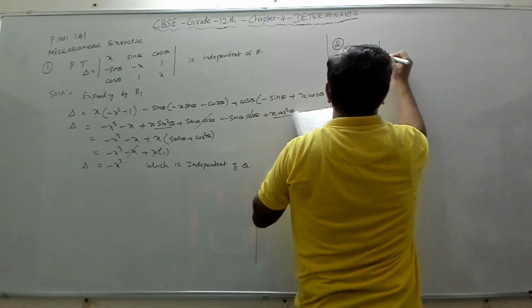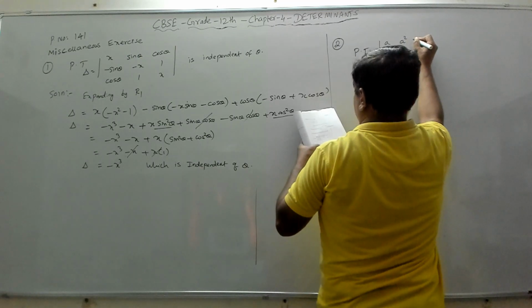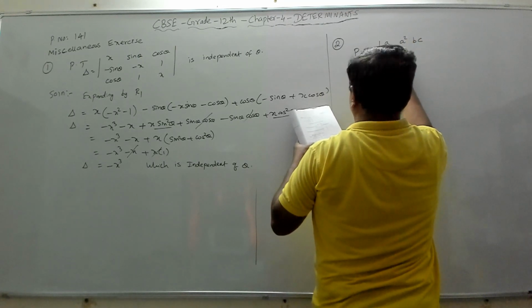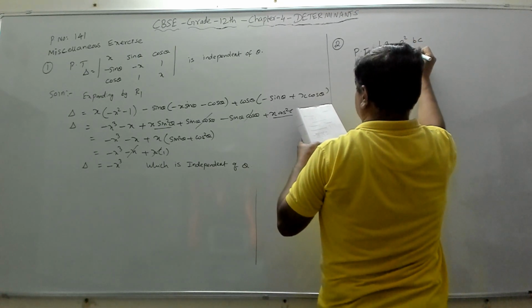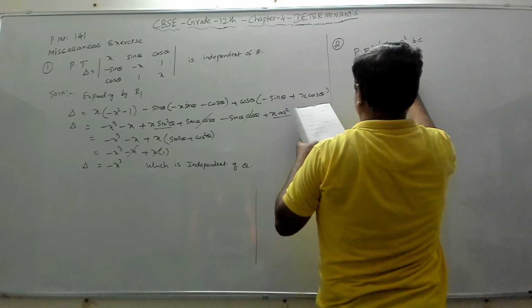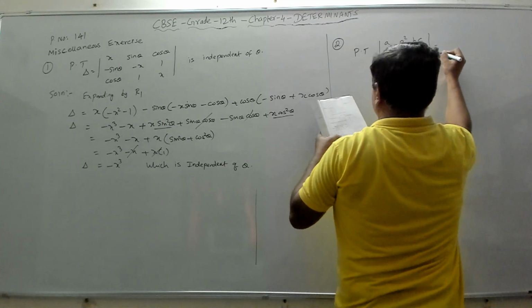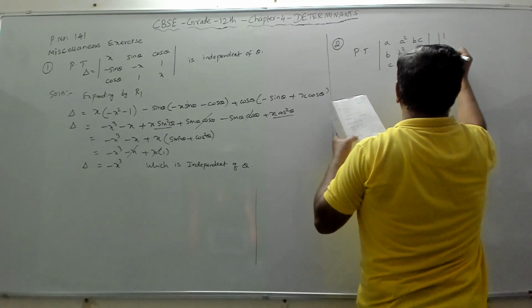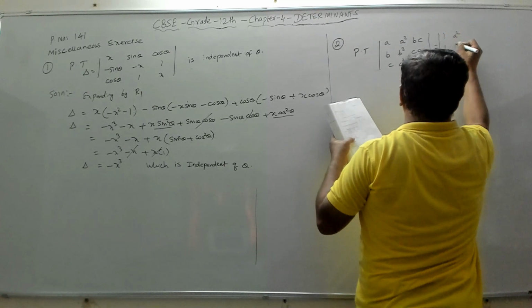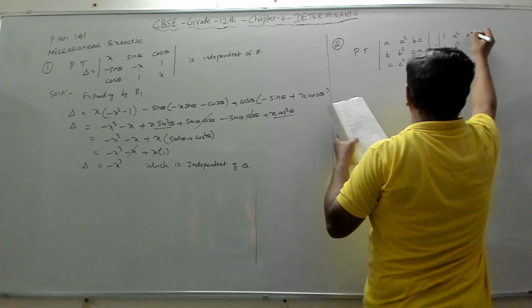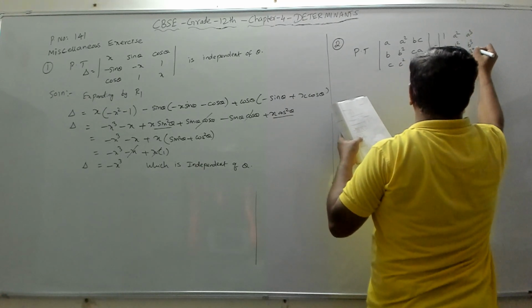Determinant a square, bc, then b square, ca, then c square, ab equals determinant of 1 1 1, a square b square c square, a cube b cube c cube.